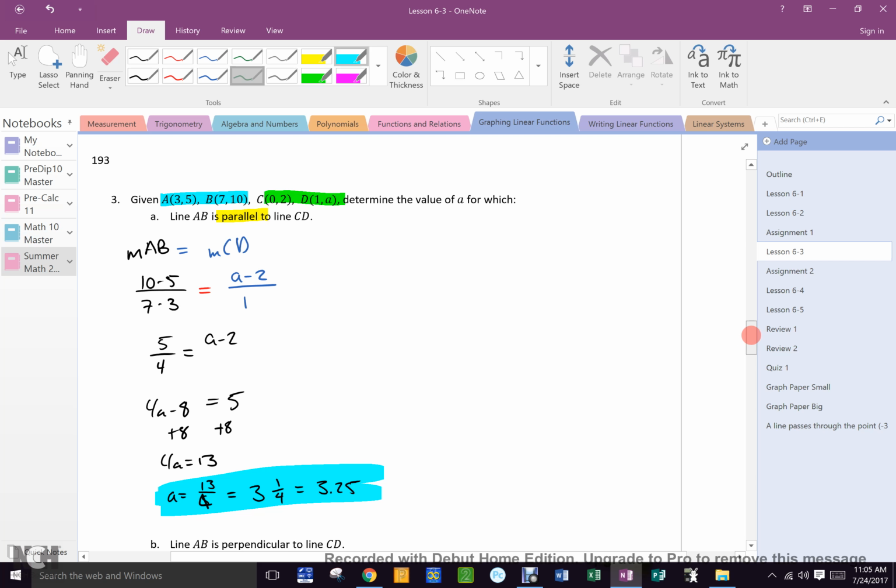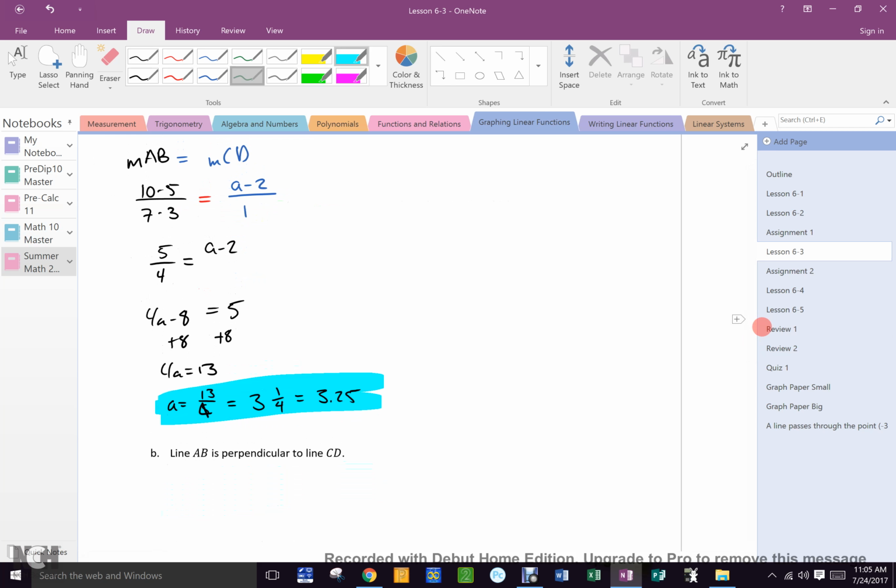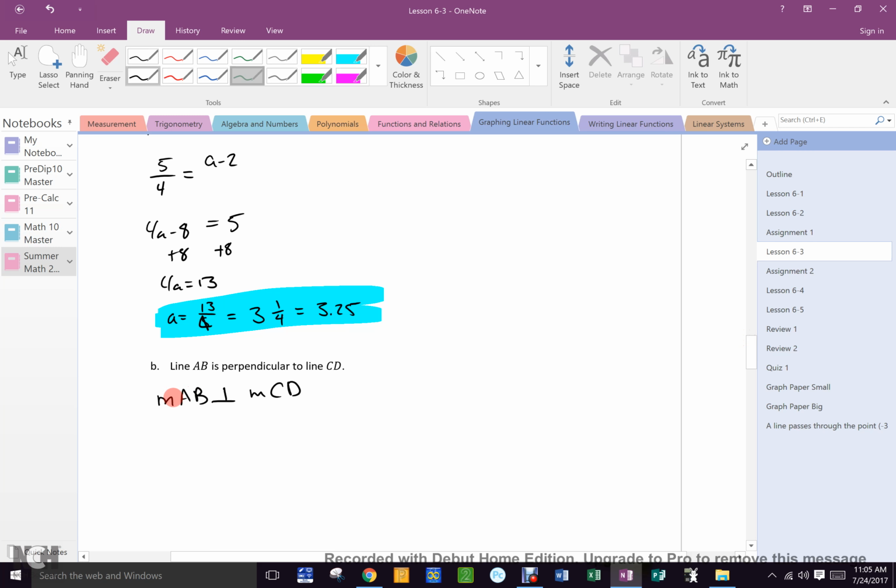Okay. Now, what if they are perpendicular? If they are perpendicular, then it is the m of AB. If that is perpendicular to the m of CD, do I change my first slope? No. It is still 10 minus 5 over 7 minus 3, correct? But if they're perpendicular, what happens to the other slope?